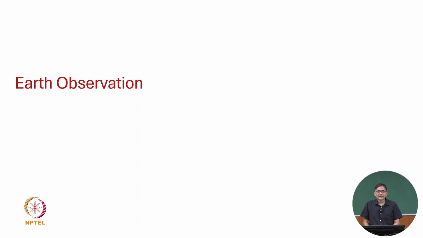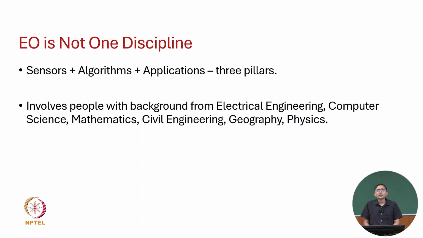Should we consider it as a theory course or as an application course? So all these questions we will try to answer, and we'll also try to understand art observation a bit. So with this background, let us go forward.